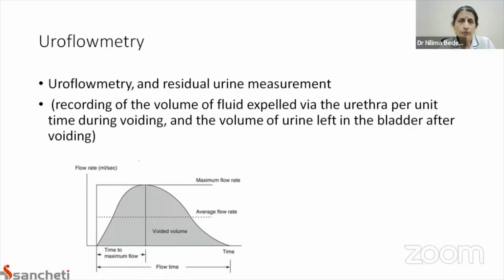Now uroflowmetry is the recording of the volume of fluid expelled via the urethra and the time during voiding. The volume of urine left in the bladder after voiding is then tested.